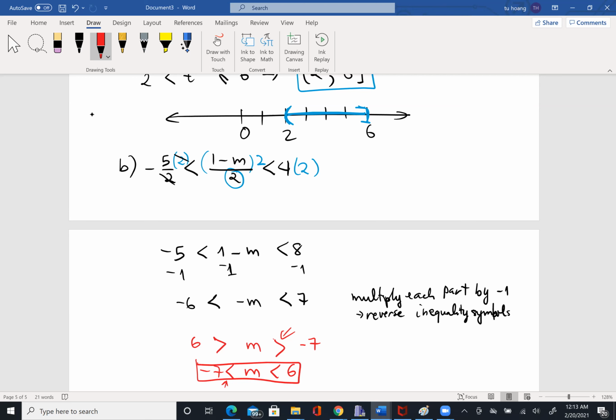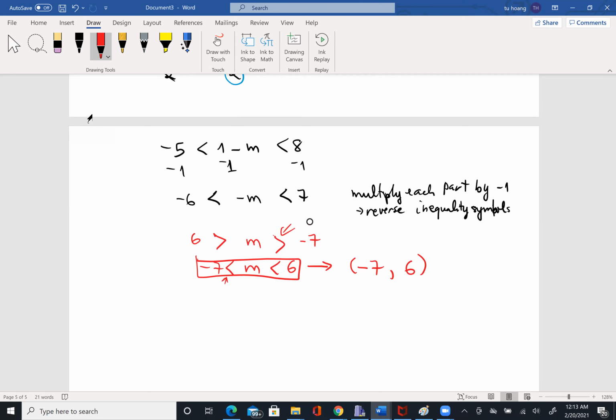In inequality notation. If I want to change it to interval notation, I will have from negative 7 to 6, not included because there is no equal sign in the inequality. And you want to graph it? Let's have a number line: 0, 1, 2, 3, 4, 5, 6, 7, and negative 7, and 6.